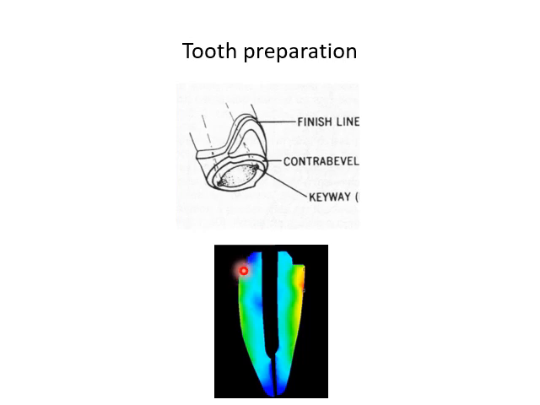One of the important steps in the crown preparation is the reverse or contra bevel. What is the contra bevel? Contra bevel is a reverse bevel placed around the occlusal external surface of the periphery of the preparation.